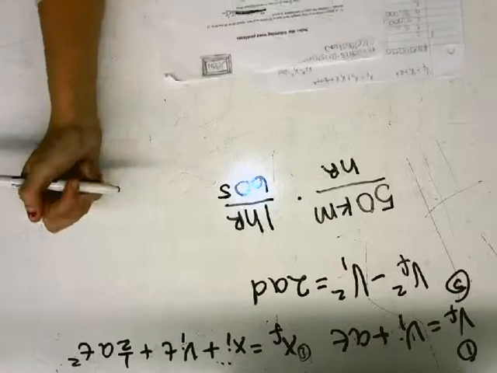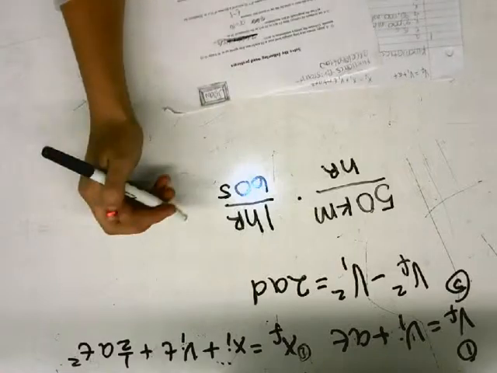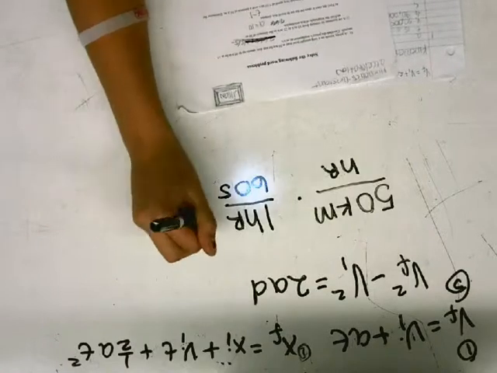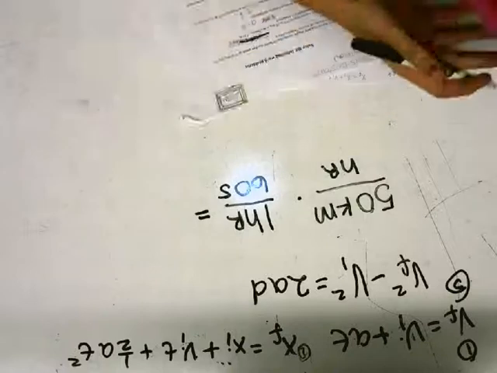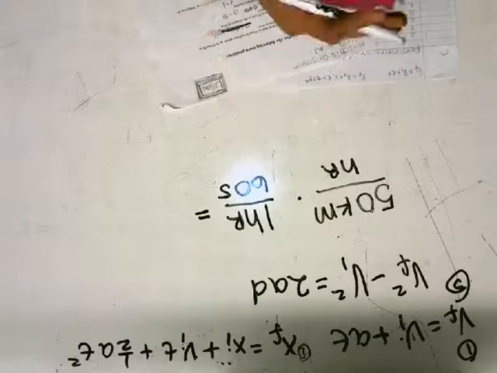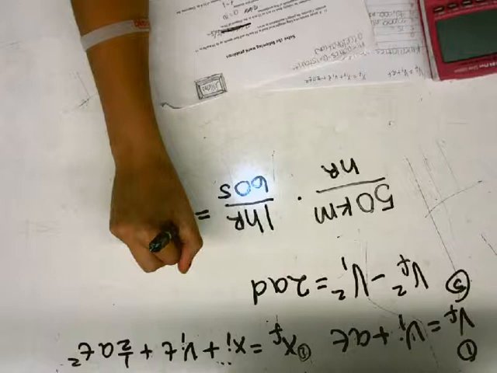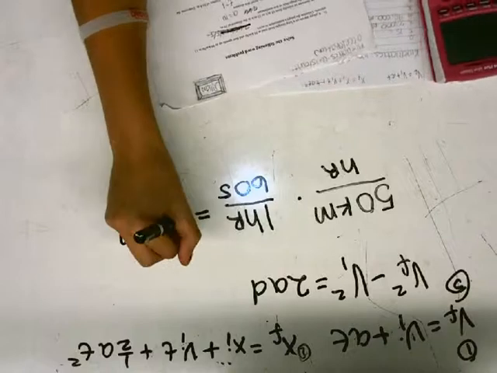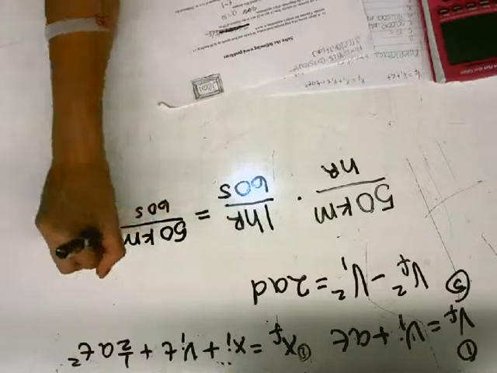I'll pull out my handy dandy calculator since we'll need it later. This is 50 kilometers per hour times 1 hour per 60 seconds, times 1 kilometer per, what is it, 1,000 meters.